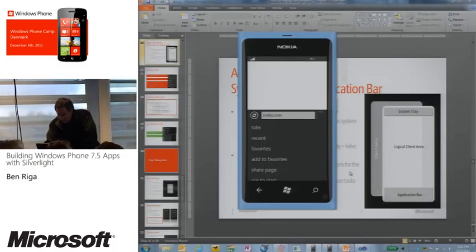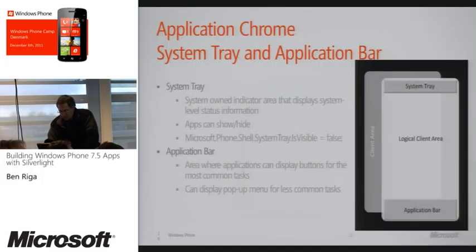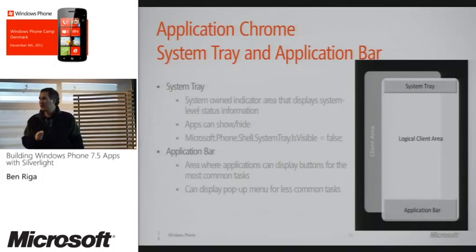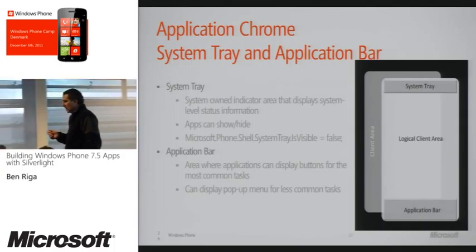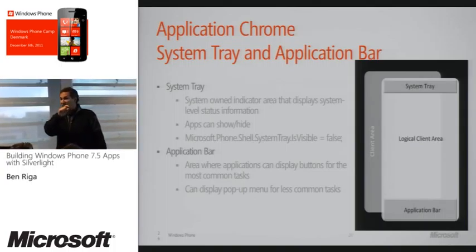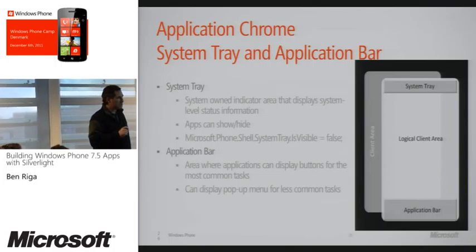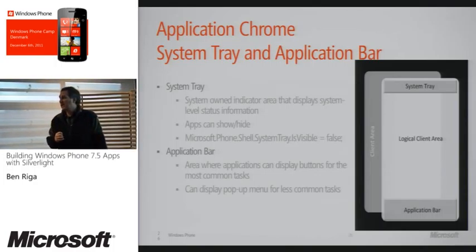The other handy component is the application bar. This is where you display buttons for tasks related to what's going on the screen. If you remember, in my Bing application, for instance, I had 4 app bar buttons across the bottom of the screen. That's the limit. You can only have 4 at any one time.